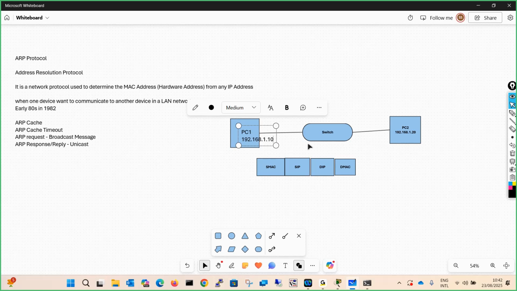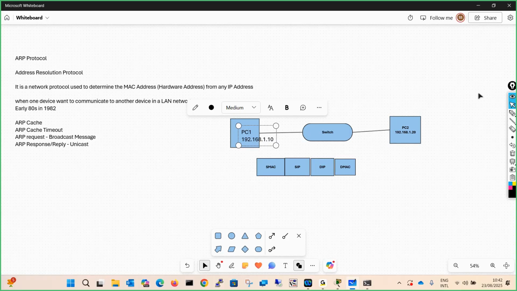When PC1 receives the response from PC2, it updates its cache, and now PC1 also will have the MAC entry of PC2 in its ARP cache. Now the sender can send and receive data without any problem.